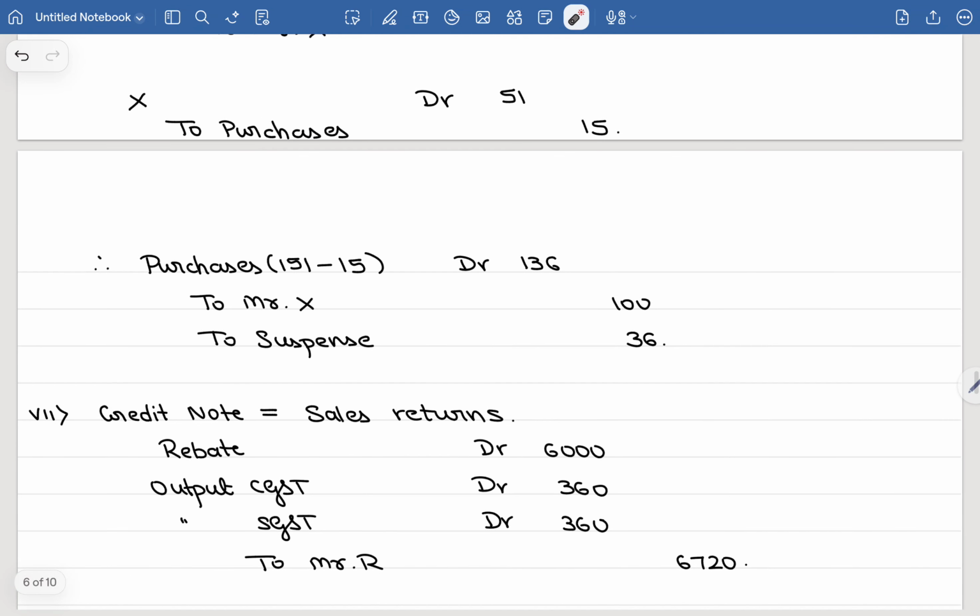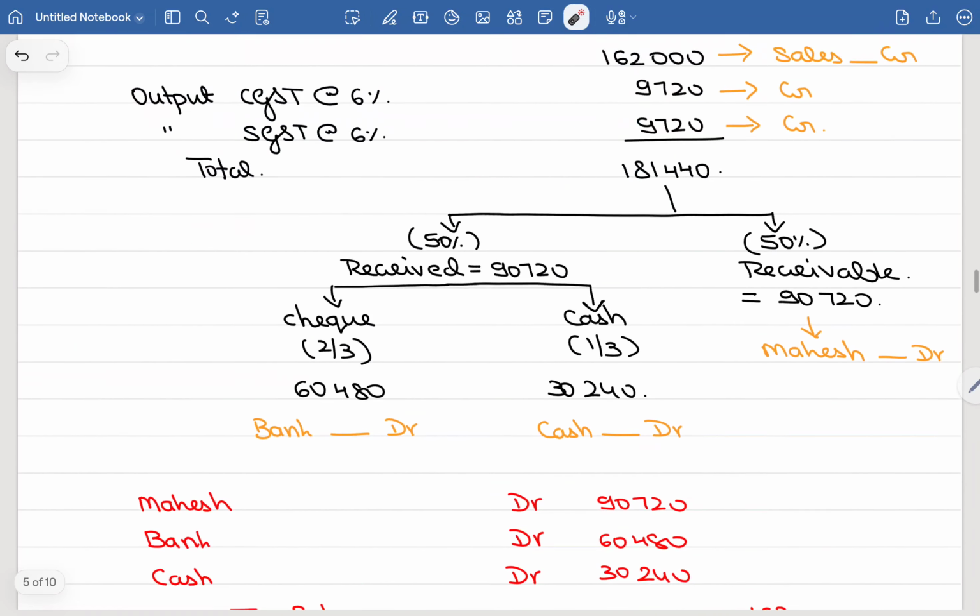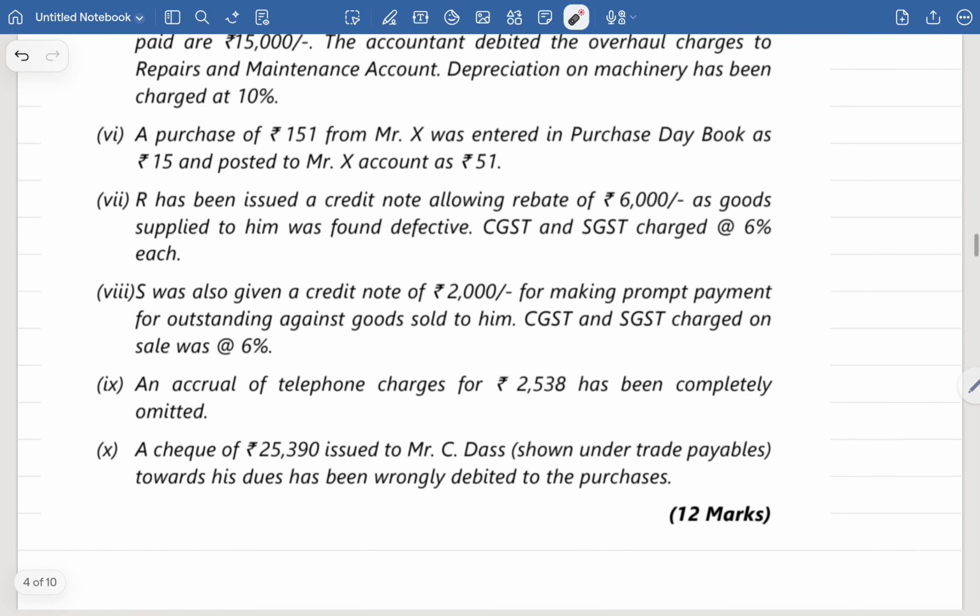Next one, point number 9. An accrual of telephone charges of 2538 has been completely omitted. Accrual means we have incurred the expense. So incurred means it is what? Payable. So for payable, what is the journal entry?